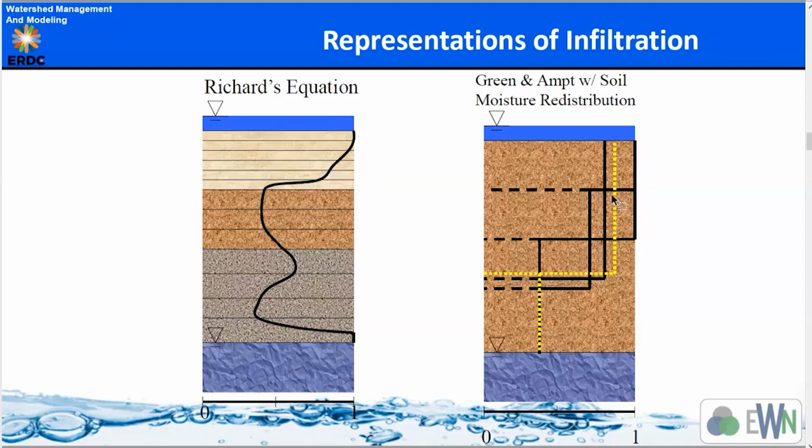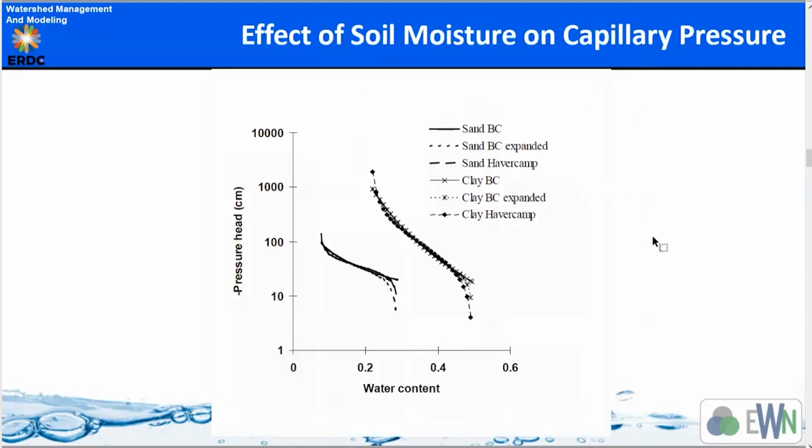If the sharp wetting front comes in, it is redistributed over the depth of the previous event, and you get a new initial soil moisture for your next rainfall event. I know that's hard to see.